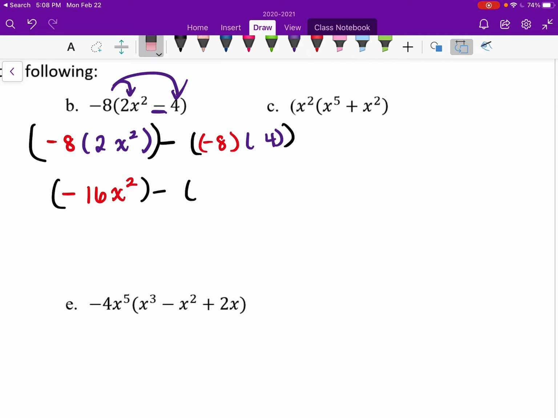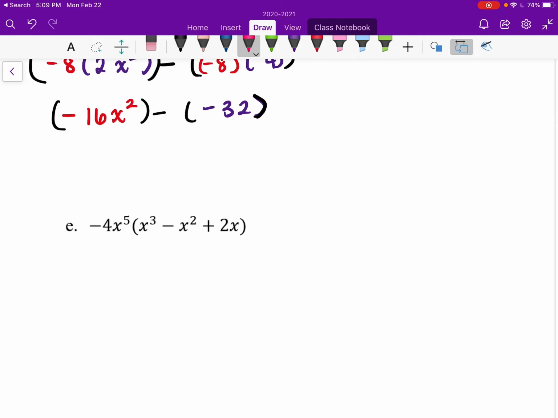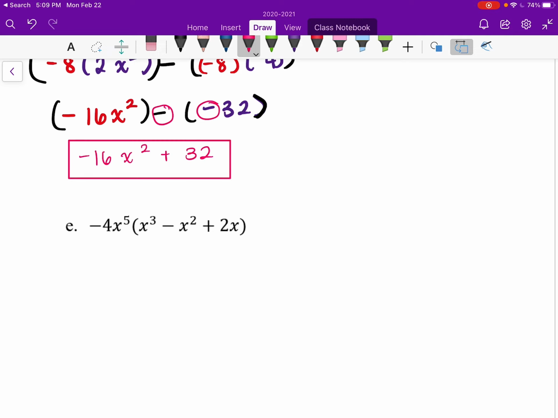So we have negative 8 times 4, right? That is going to be negative 32. Now we're just going to start doing our math. So I can drop the brackets on the first one, so it's going to be 16x squared. This positive, this negative, and this negative make a positive, so we're left with positive 32. And that's my answer.